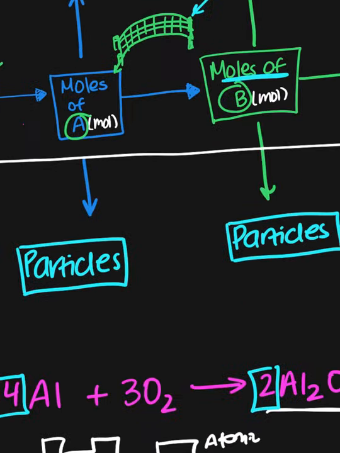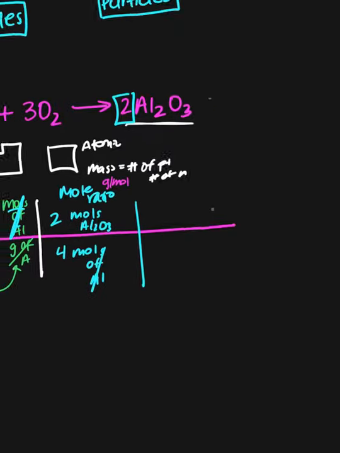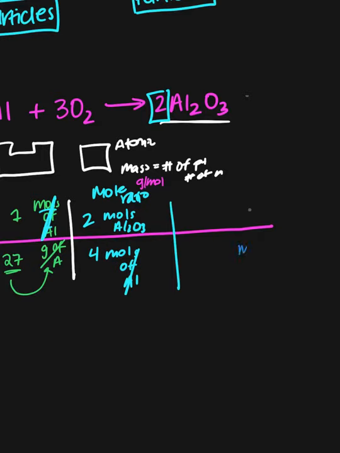Going back to our problem, we want to put our moles on the bottom so that it will cancel out with the moles of aluminum oxide. So we put moles of Al2O3, and it's always per 1 mole in the periodic table, and then 102 grams of Al2O3. These will cancel out and you'll end up with grams.